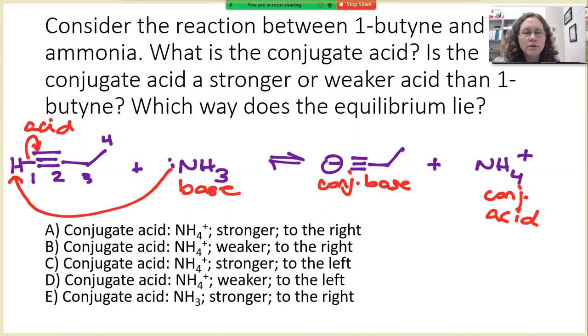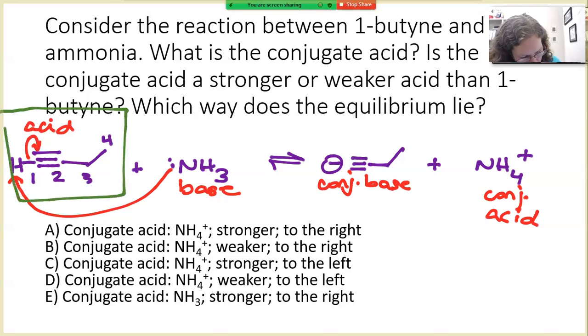To answer that question, we need to either use a qualitative method looking at our two bases, or use a quantitative method using our two acids. The quantitative method is the one that will always work because things like pKa values are measured. And so we have our two acids on either side of the equilibrium.